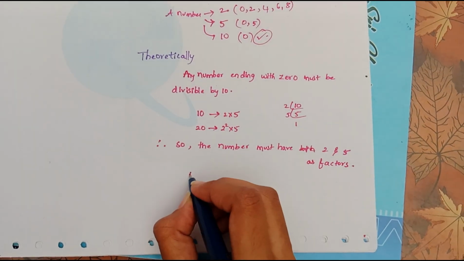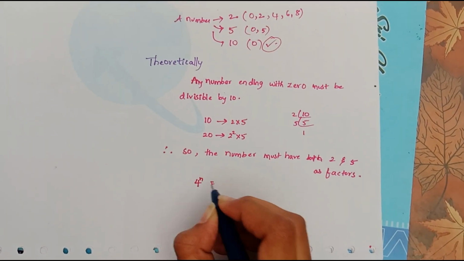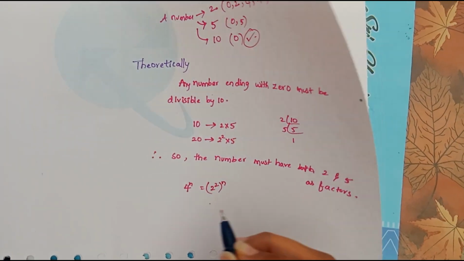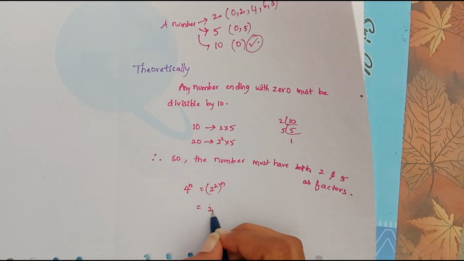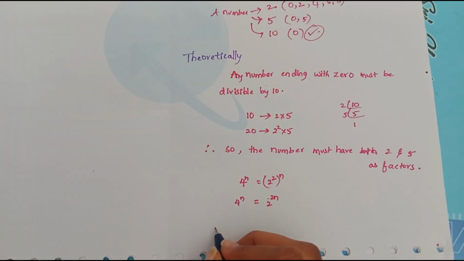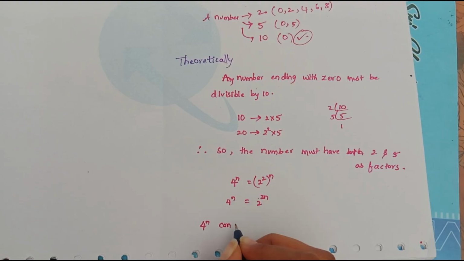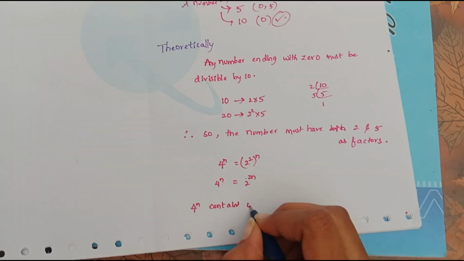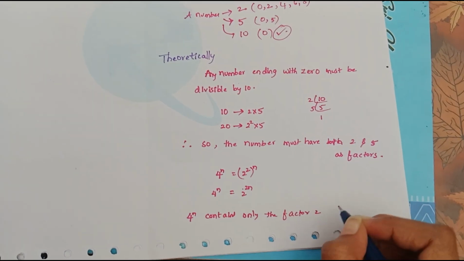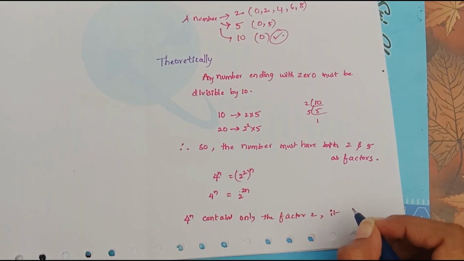Now look, 4 power n. We can write 4 as 2 square, power n. We can write it as 2 power 2n. From this we can say that 4 power n contains only the factor 2. It doesn't contain factor 5.